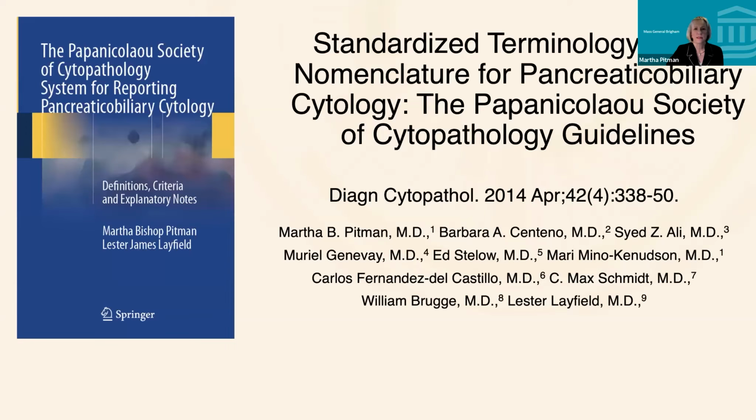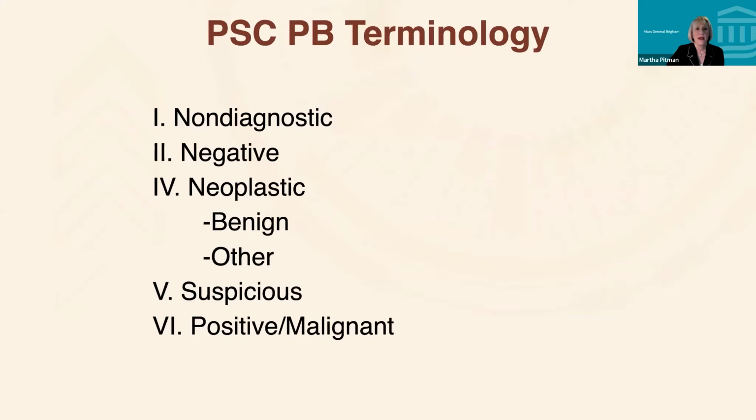Now, the WHO system is a springboard of a reporting system on the back of the Papanicolaou Society system of cytopathology for reporting pancreaticobiliary cytology that was developed in 2014 and codified in book form in 2015. This system, the PSC system, had 6 categories: non-diagnostic, negative, atypical, neoplastic, that was divided between benign neoplasm and other neoplasms, suspicious for malignancy, and positive or malignant.